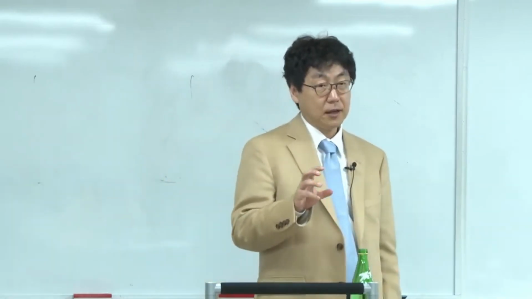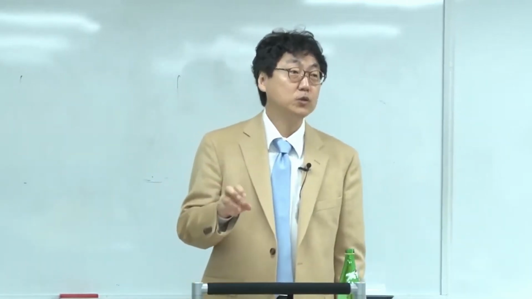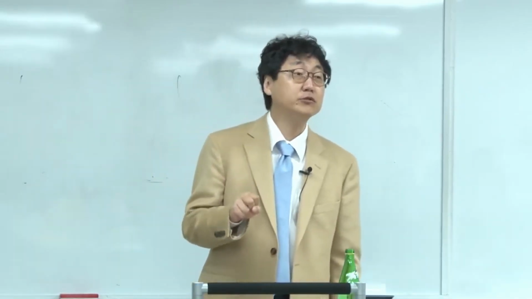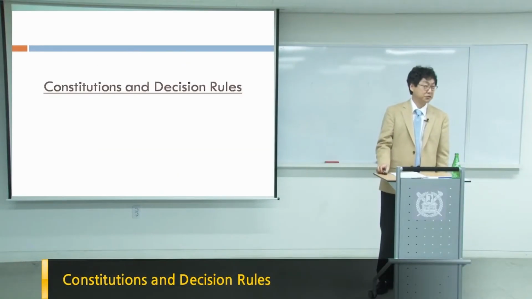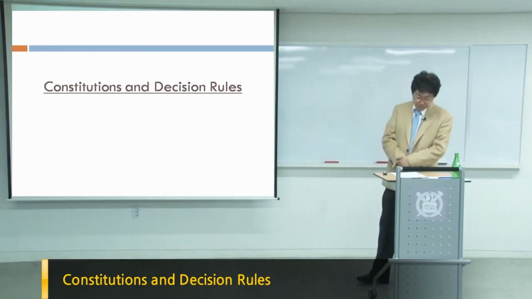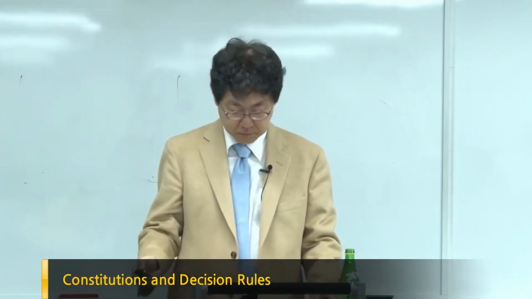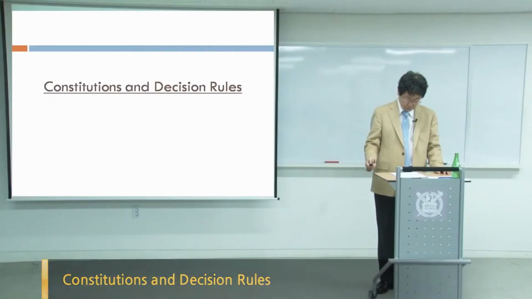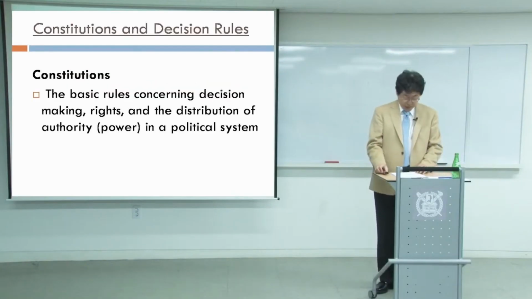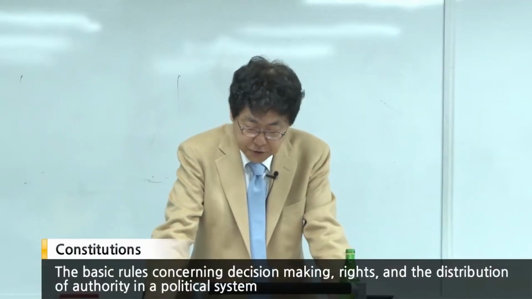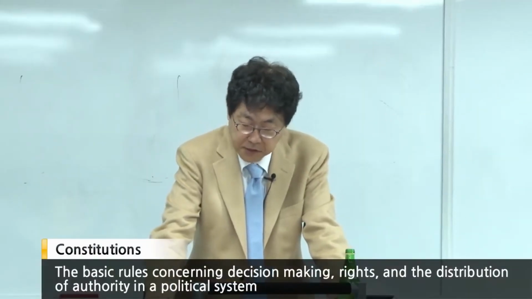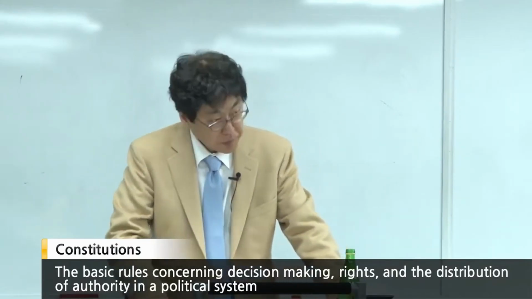So to understand policy and how policies are made, we need to know the rules governing policy making, right? And most of those rules are in the book called Constitution. Okay? And a constitution is the basic rules concerning decision making.